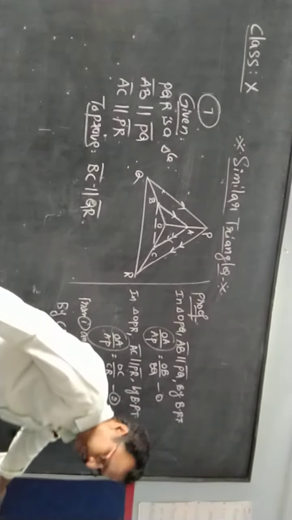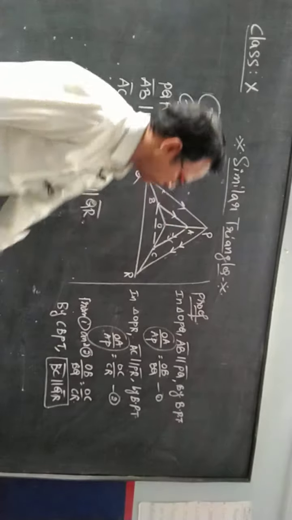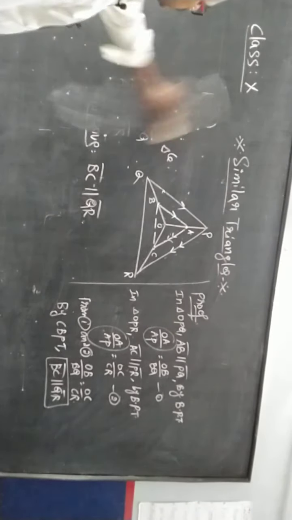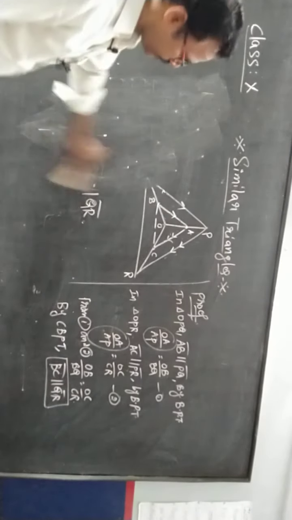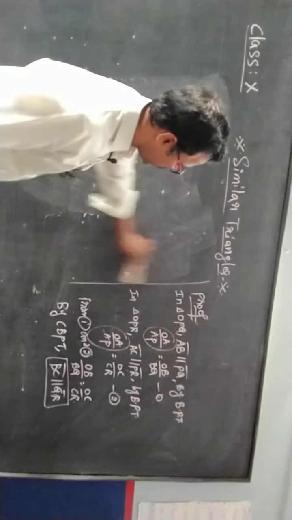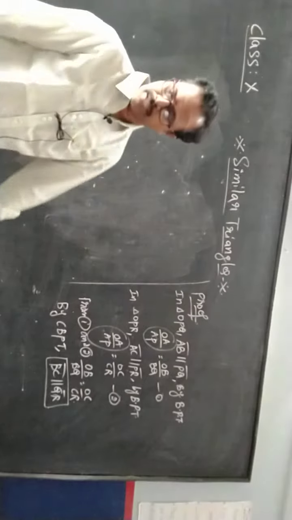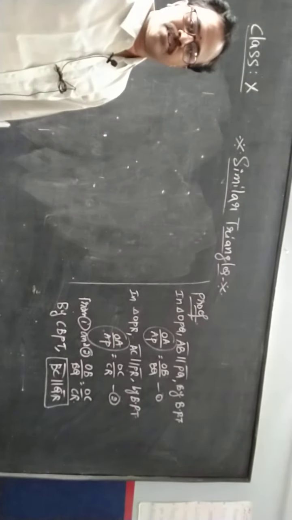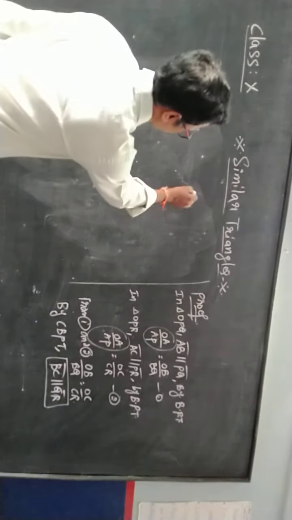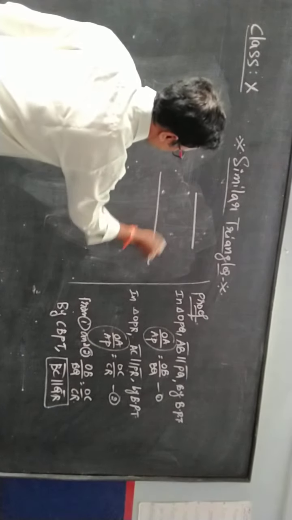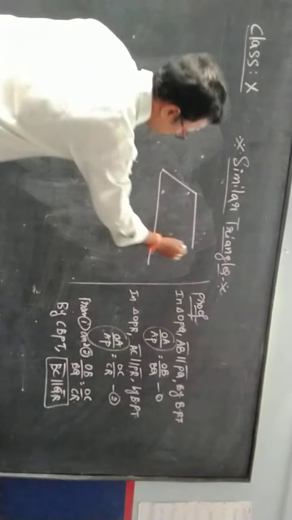Next, we go to the eighth question. See the eighth question. What is given there? ABCD is a trapezium in which AB parallel to DC. ABCD is a trapezium.